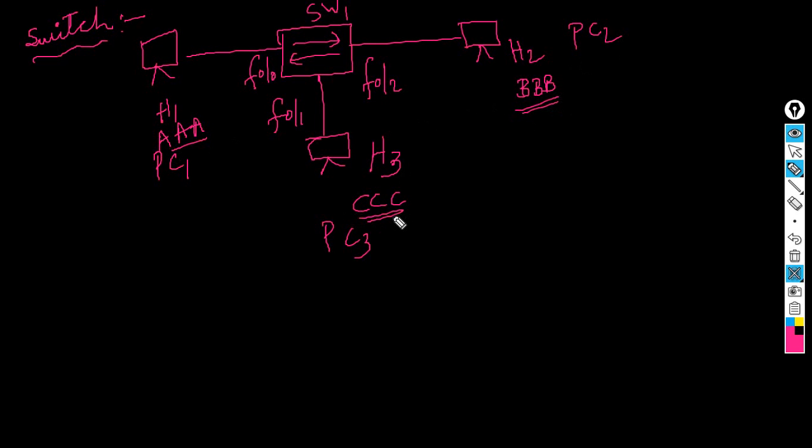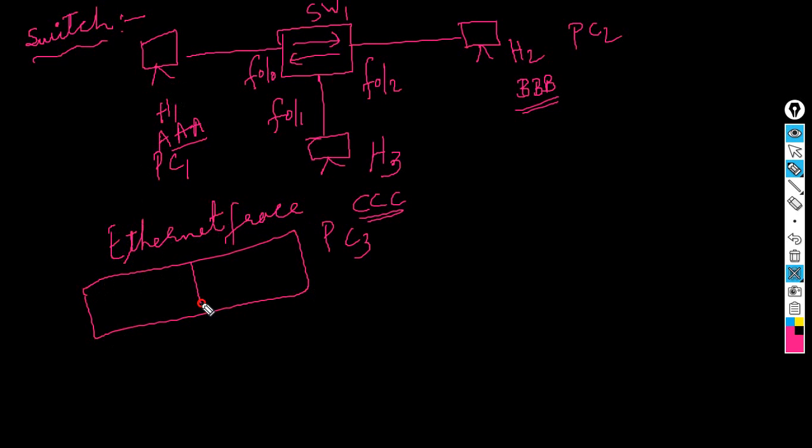So when PC1, for example, wants to send a frame, an Ethernet frame, how will it go? Let me write here: the Ethernet frame will go with the source and the destination MAC address.